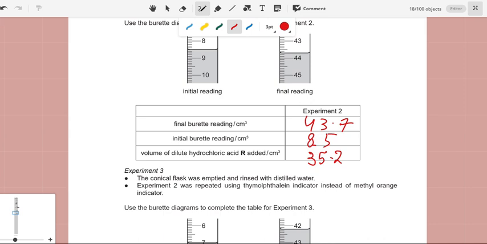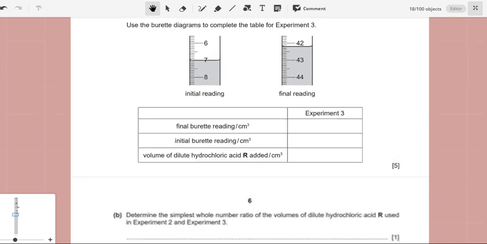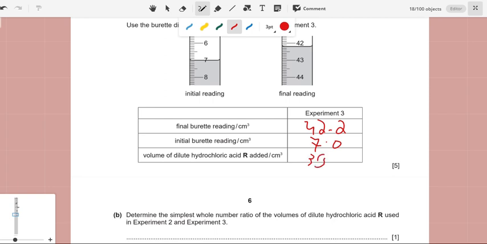Now the next: in the third experiment the final reading is 42.2 and the initial is 7.0, and the difference is 35.2.